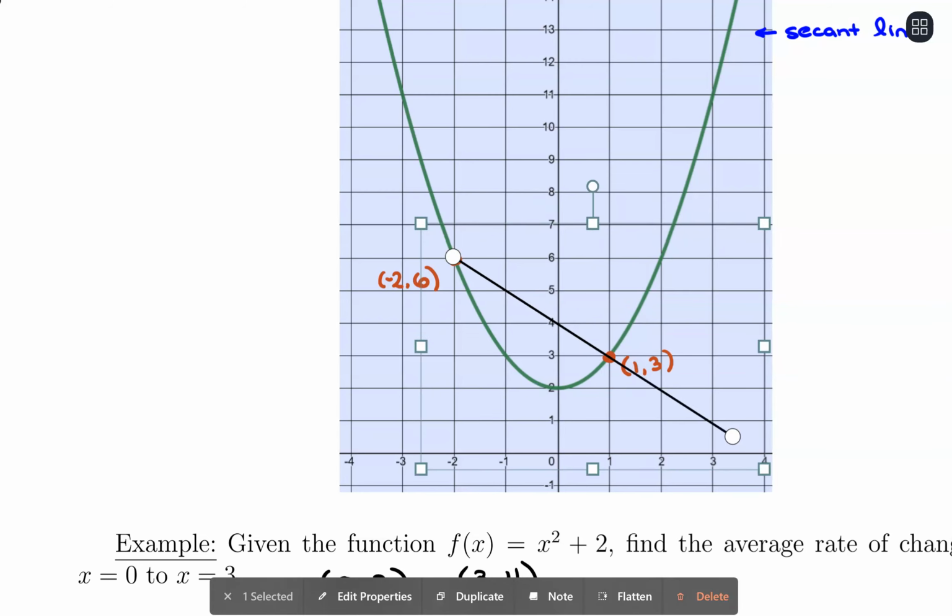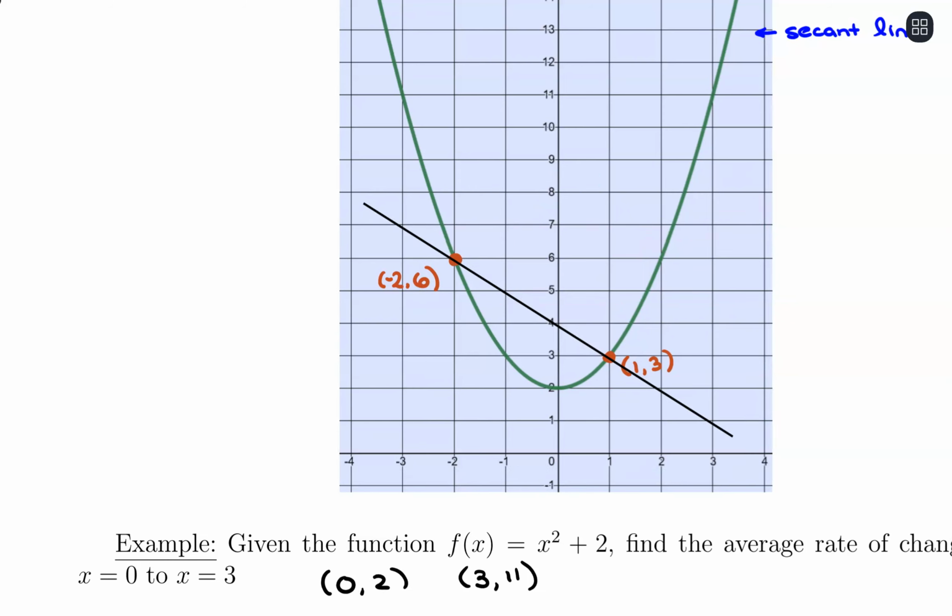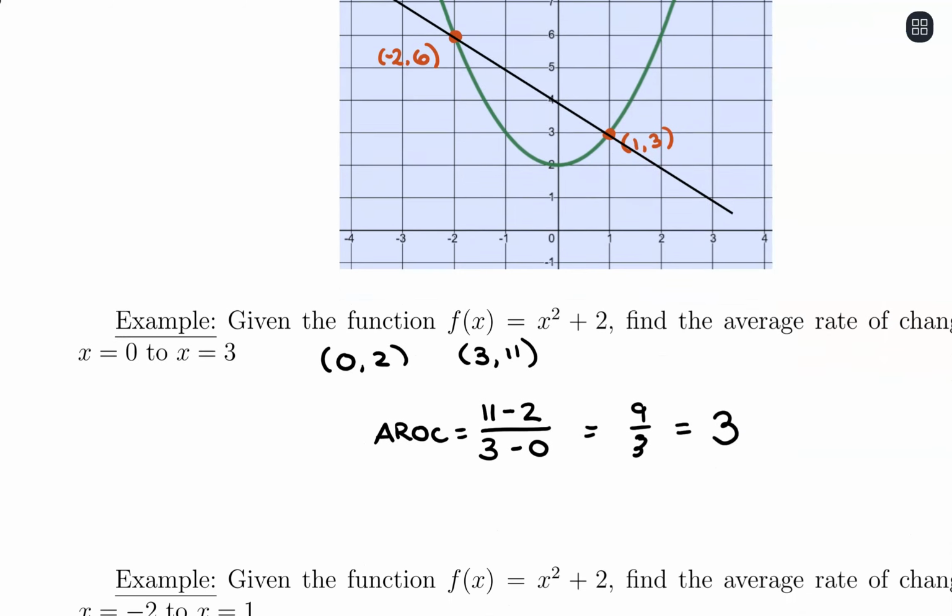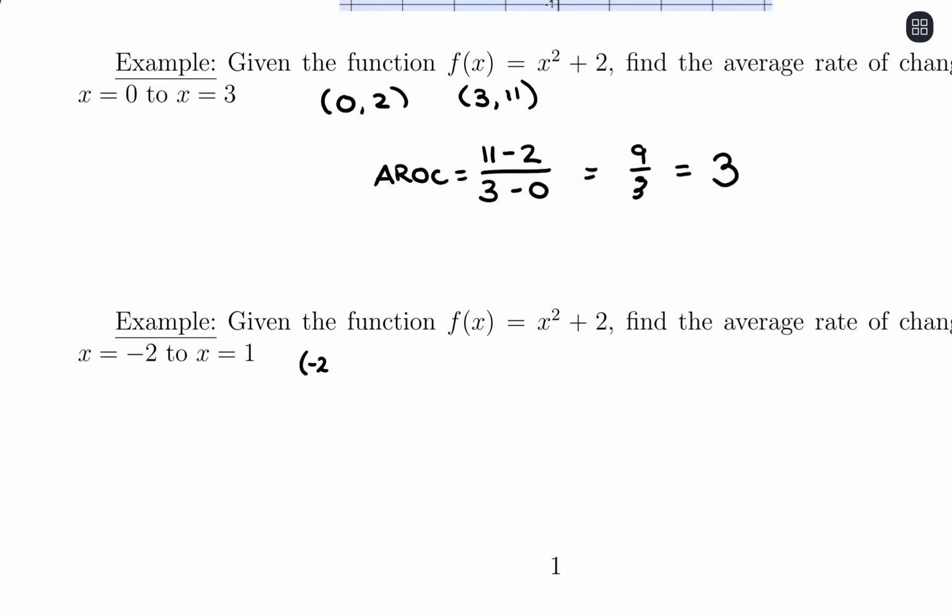The secant line between those two is if we just connect those two dots with a line. We still see our parabola. It's just a straight line going through those two coordinates from f of x. So we have our secant line, and our average rate of change is the slope of that secant line. So with (-2, 6) and (1, 3), we take the difference in the y value, so 3 minus 6 over 1 minus -2. 3 minus 6 is -3, over 1 plus 2, which is 3.